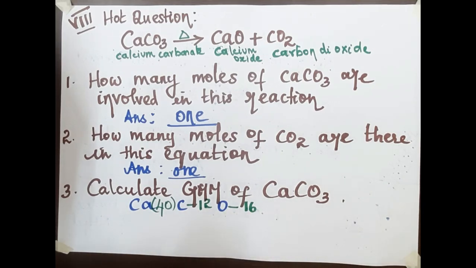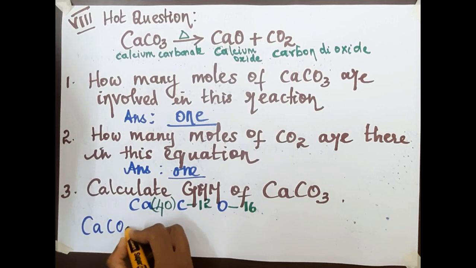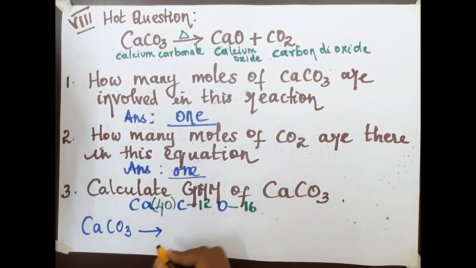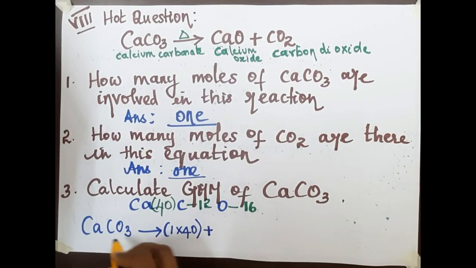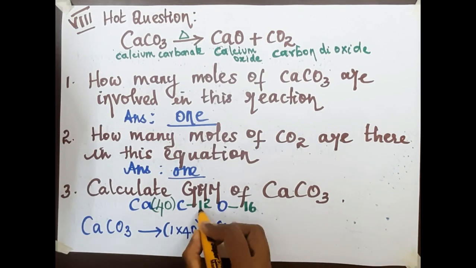Now I'll show you how to calculate the molecular mass of calcium carbonate. See here, children. Just write CaCO3. How many calcium atoms are there? Only 1. So 1 into 40 plus. Next is carbon. How many carbon atoms? It is 1. 1 into the atomic mass of carbon, 12.